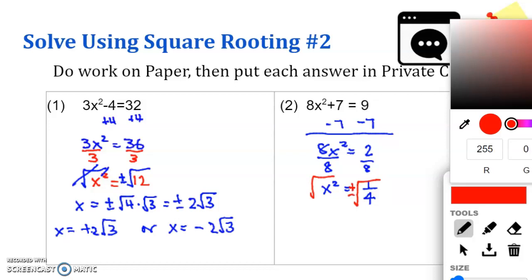Remember to add plus or minus sign. That leaves me with x is equal to plus or minus square root of 1, which is just 1. What is square root of 4? That's just 2. So x is equal to positive half, or x is equal to negative half.